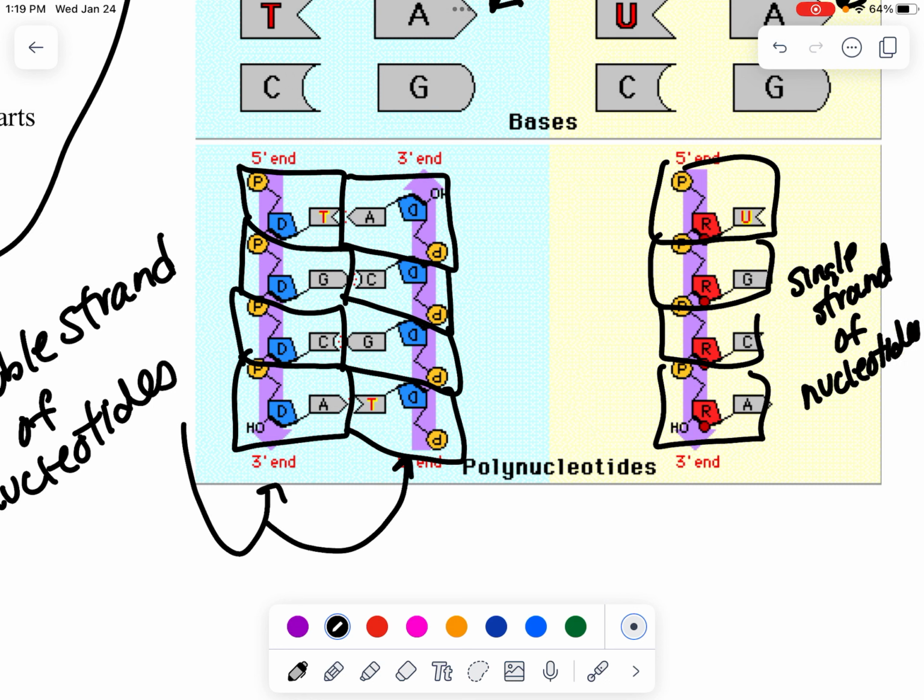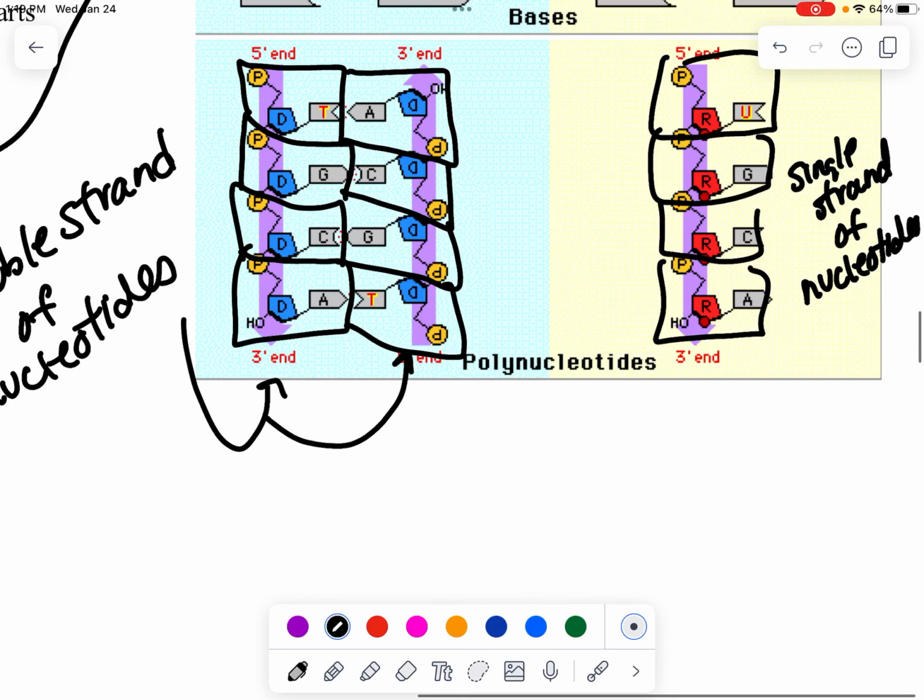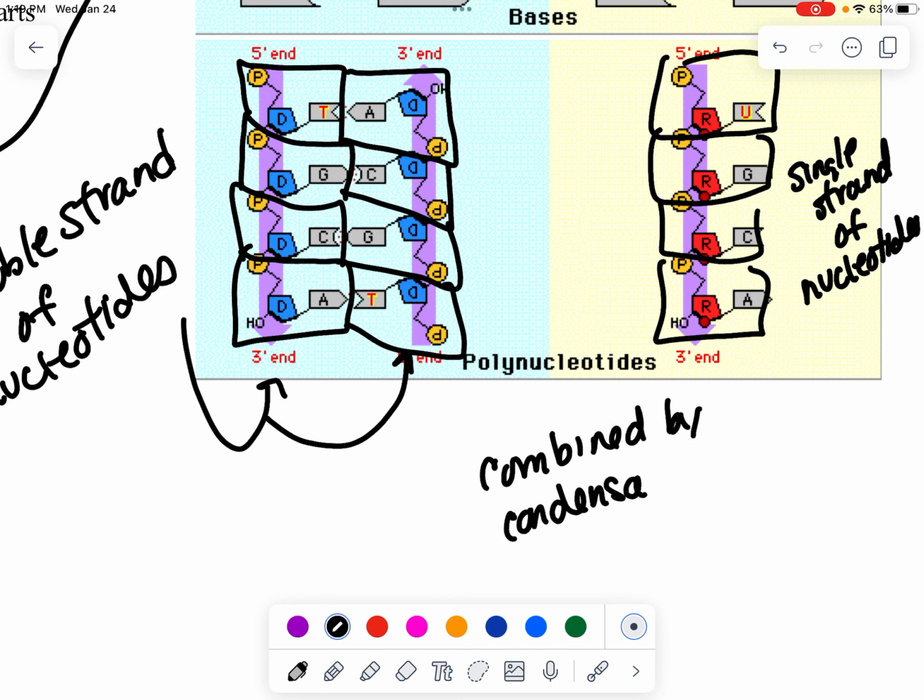And remember, they're combined by condensation reactions, just like anything else. A water molecule came out there when we put that together, a condensation reaction occurred.